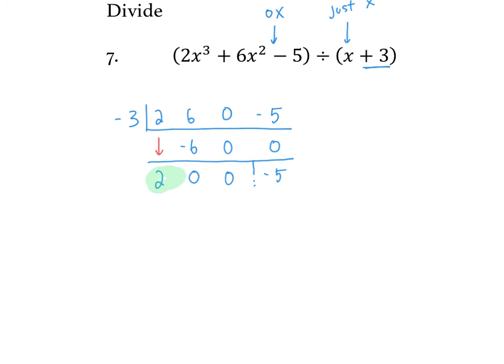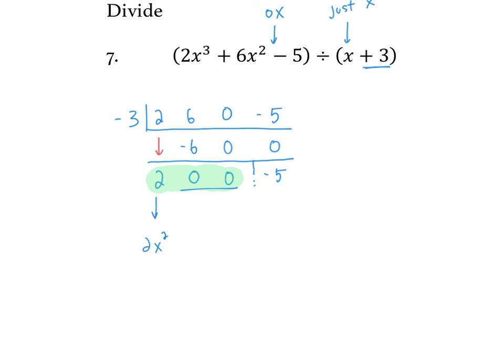These three numbers you turn into x's. And so this is the remainder, just the number. This is with x, and this is with x squared. So this will be a 2x squared. And then since these are zeros, you don't have to write anything.